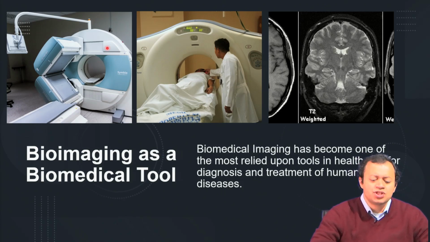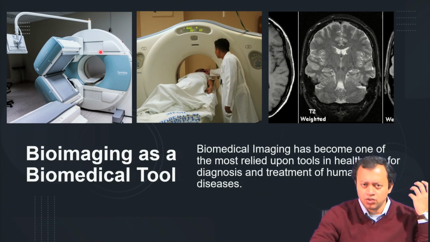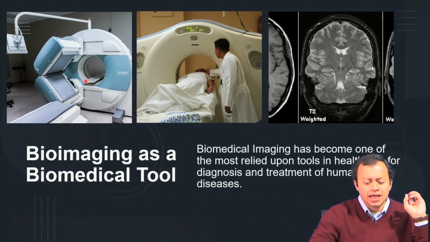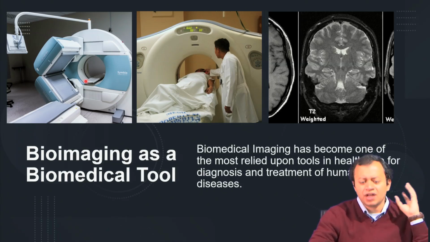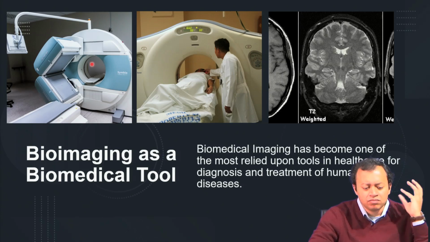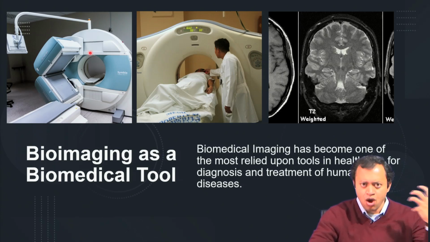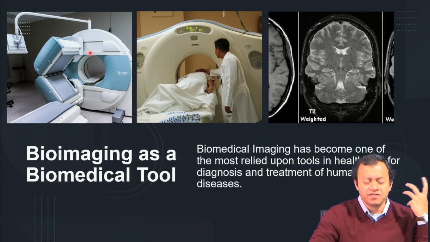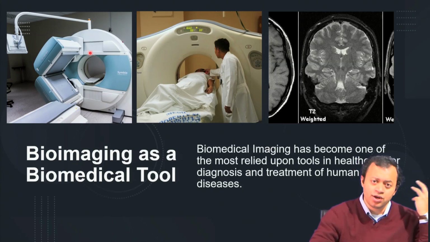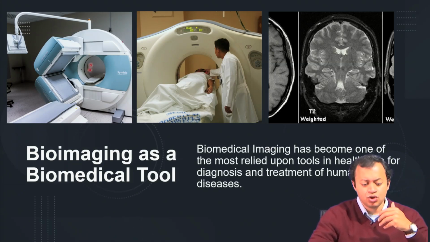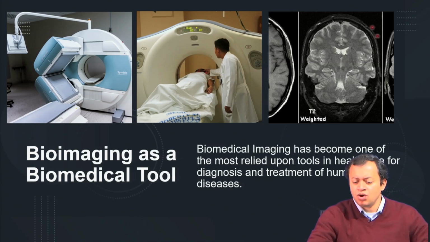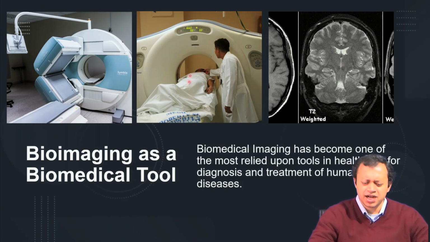With the help of a magnetic field and radio waves, it sees how your body is reacting, or if there is any difference as compared to a normal body's reaction. And you get images such as this MRI scan of the brain to see if there is a clot, if there is some kind of anomaly, if there is a tumor. Similar things can be seen with CT scans, etc.